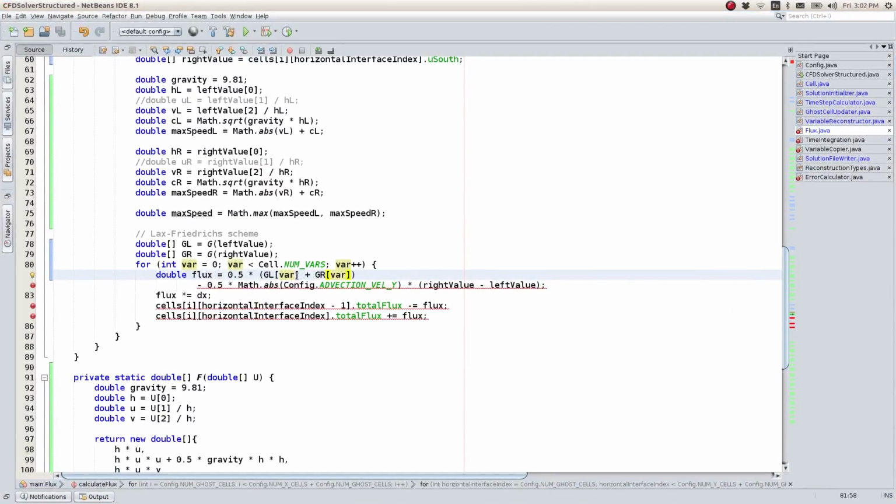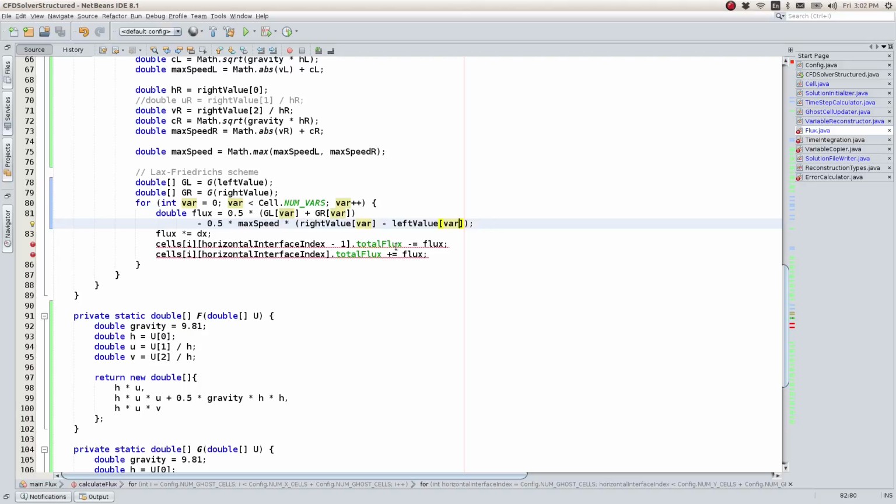So GL plus GR divided by 2 minus 0.5 times, we don't need this anymore, this is going to be max speed times right value of the variable minus left value of the variable.